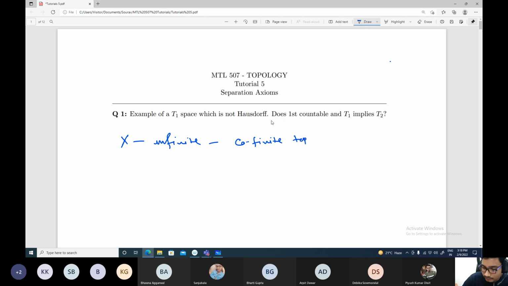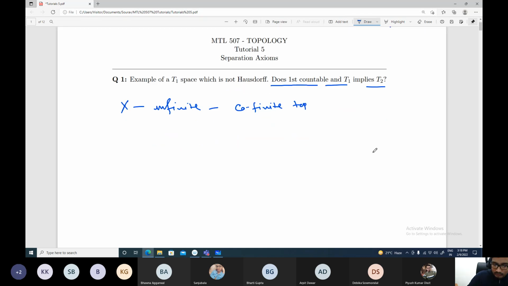What about this one? First countable and T1 implies T2. Take X as N, the countable set. Of course the space X should be infinite, but it has to be countably infinite.